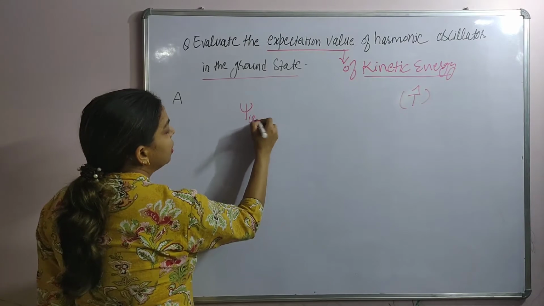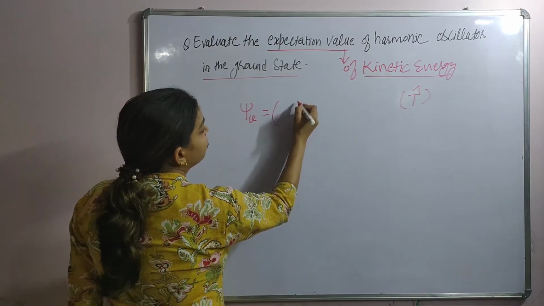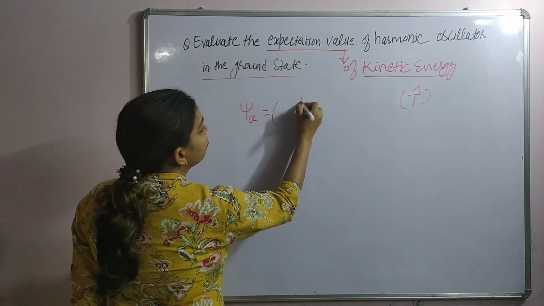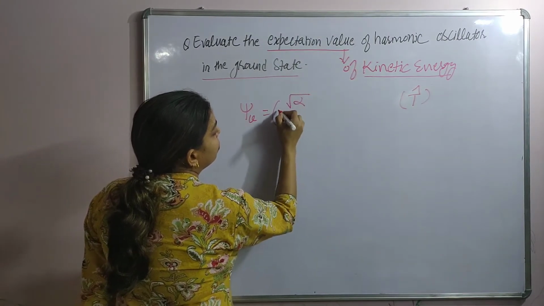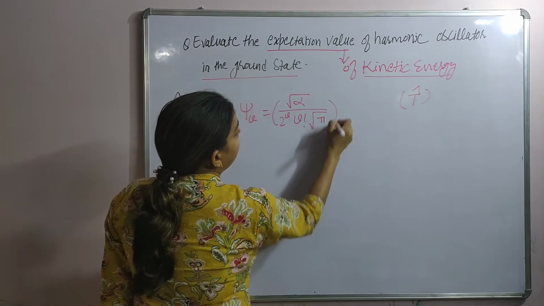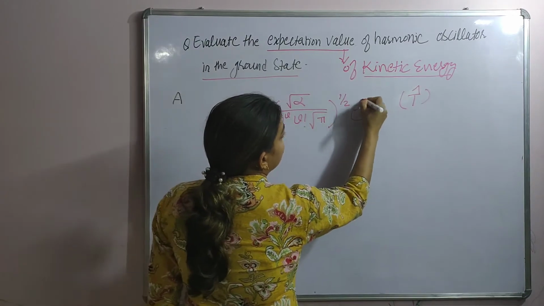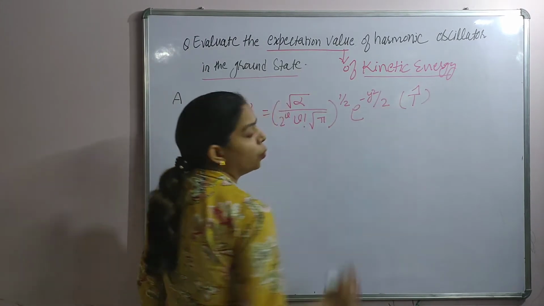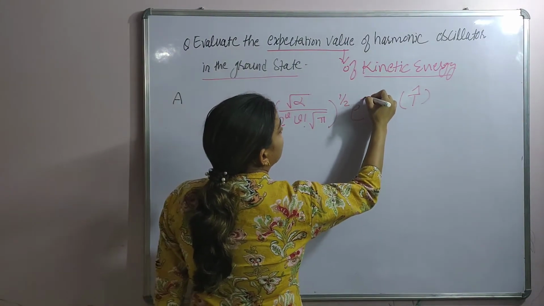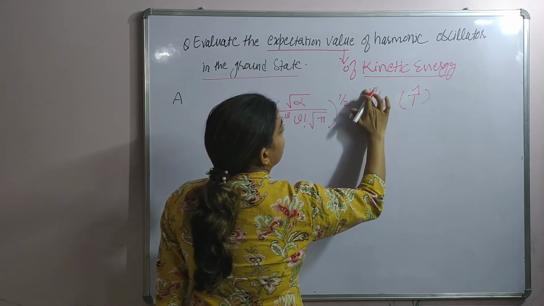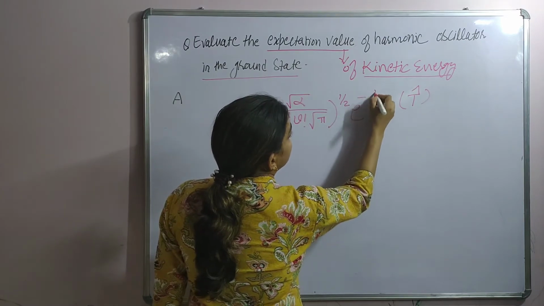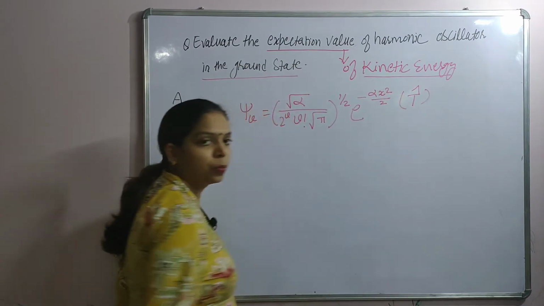So we have already seen the general expression for the wave function for an oscillating or vibrating particle: alpha raised to power 1 by 2, 2^v v factorial root pi, to the power 1 by 2, e raised to power minus y square by 2, where y square was alpha x square. So it is e raised to minus alpha x square by 2.